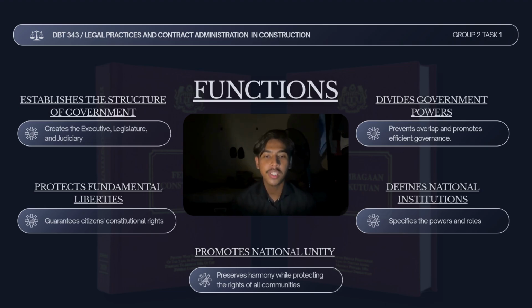Third, it protects the fundamental rights and freedoms of Malaysian citizens, such as the right to life and freedom of religion. Fourth, it defines the roles of important national institutions, including the Yang di-Pertuan Agong, Parliament, the Judiciary, and the Election Commission. Finally, it promotes national unity and political stability by providing a fair legal framework for Malaysia's diverse society.